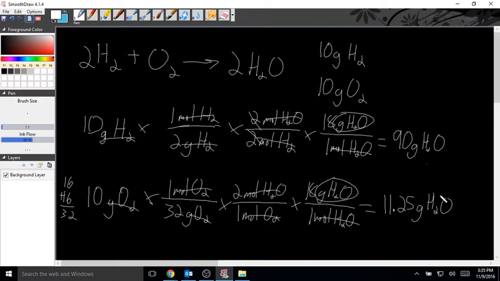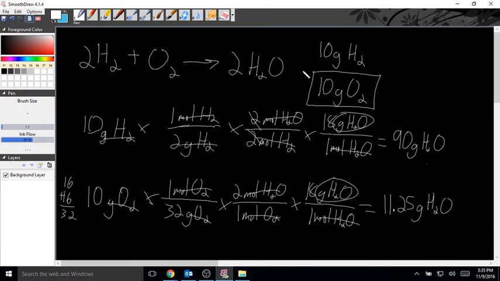All right, so now looking at these numbers, if I have 10 grams of hydrogen, I can produce 90 grams of water. That's assuming I have enough oxygen. Or if I only have 10 grams of oxygen, I can only produce 11.25 grams of water, H2O. So in this case, if I have 10 grams of each, the one that's going to limit the reaction is the 10 grams of O2.